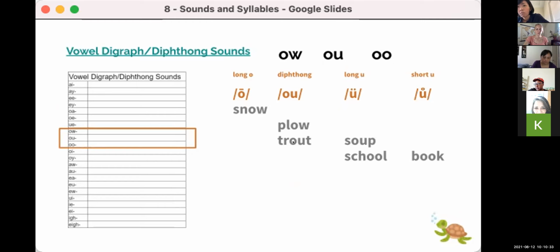We have the OU spelling for trout and soup. There we hear that oo sound, and ow. And then our double O, school and book, oo and oo.